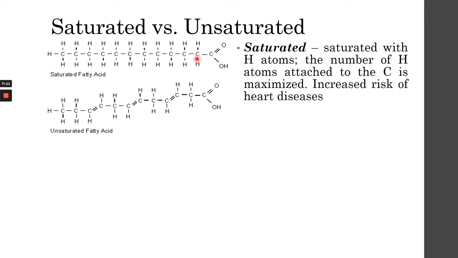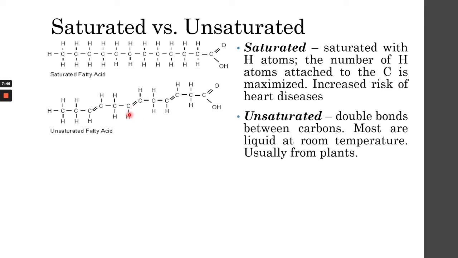If you guys remember, all the valence electrons, the electrons on their outer shell, are all attached to, we're maximizing it, attaching it to carbons and hydrogens. And as for unsaturated, as you can see, there are double bonds. So the number of hydrogen atoms attached to our carbon chain is not maximized because we have double bonds connecting the two carbons together.